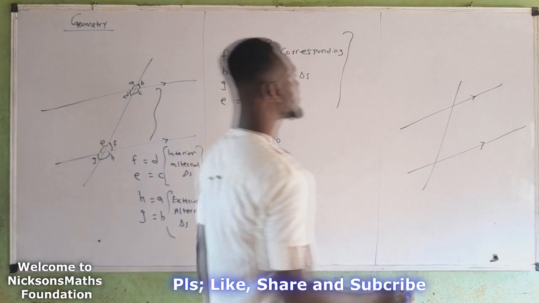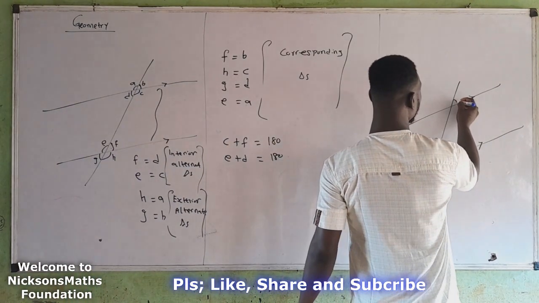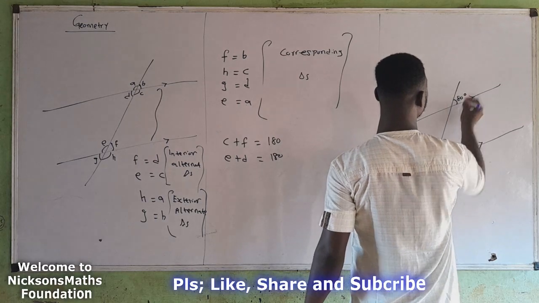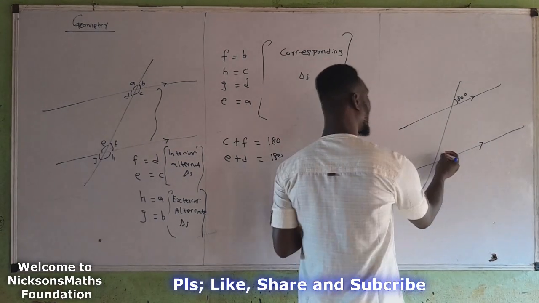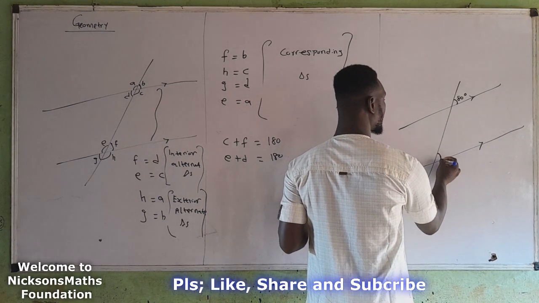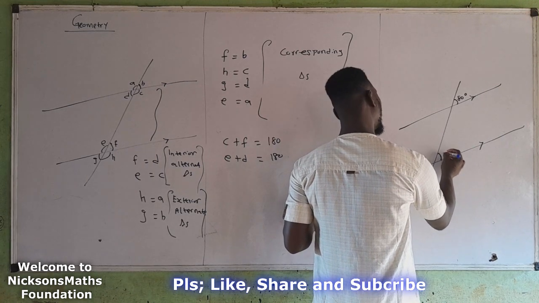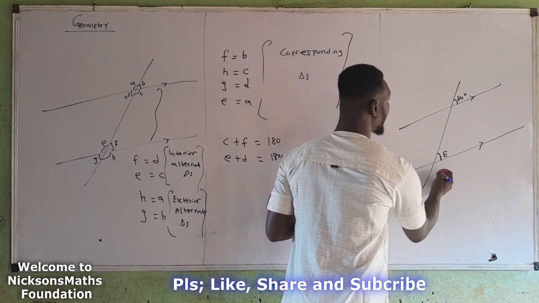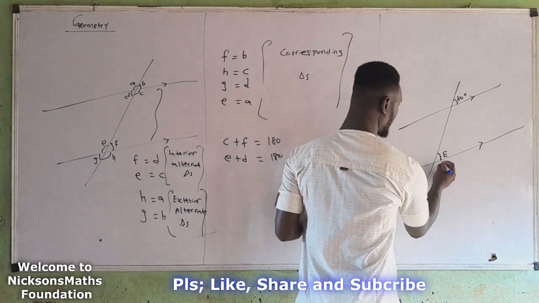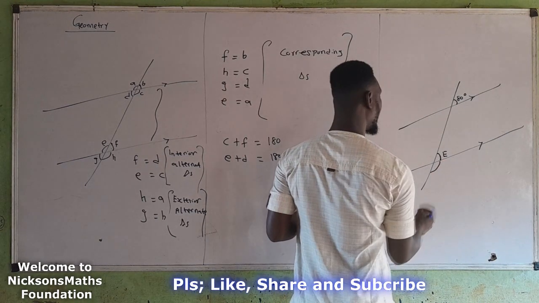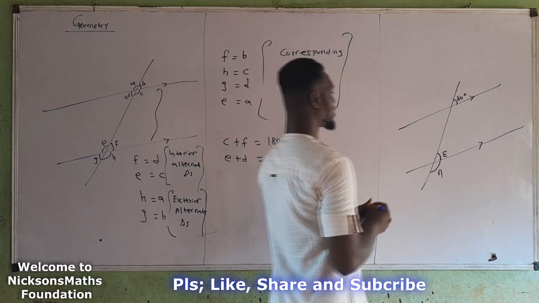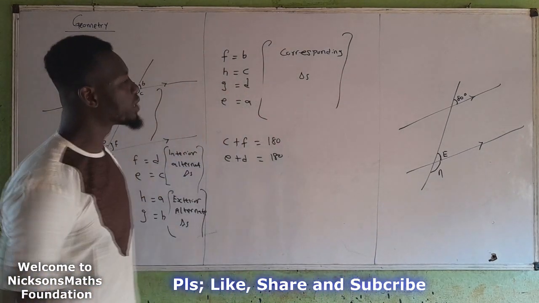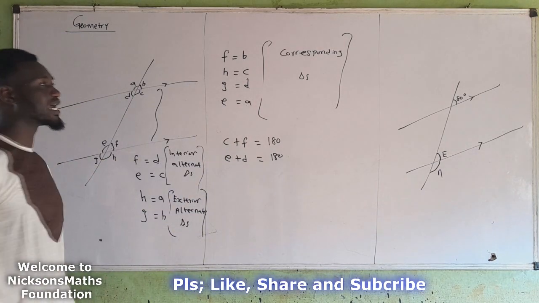For example, if I say this angle here is 80 degrees, and I call this angle E, then we call this angle here, angle N. Now we can easily solve this.